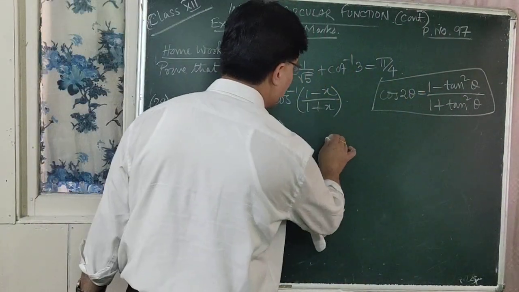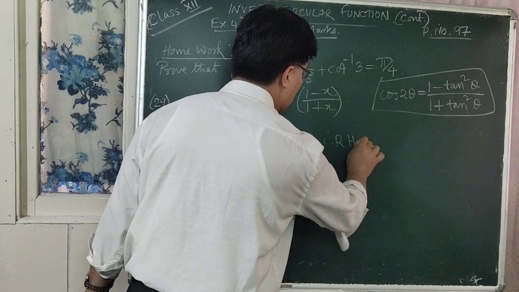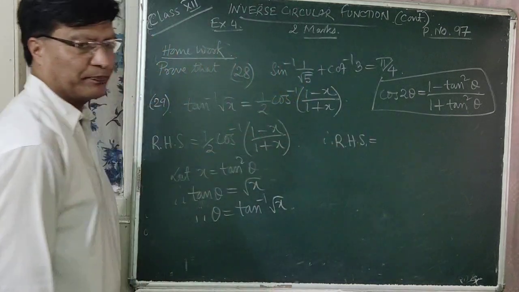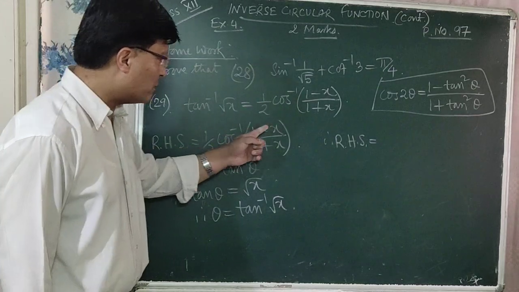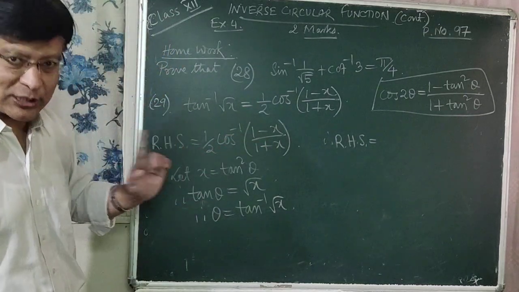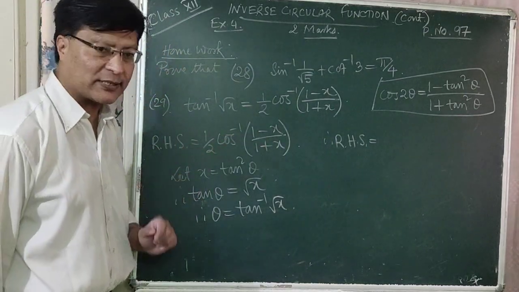Now this right hand side becomes, so RHS is equal to, now on the right hand side you can put the value for x that we had assumed here. What was the value for x? Tan square theta.